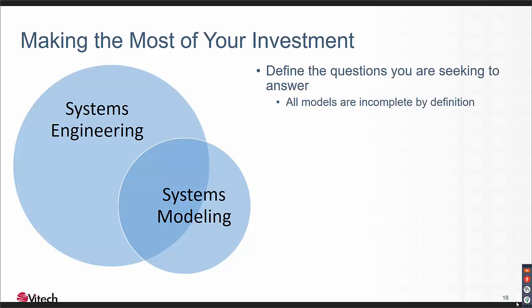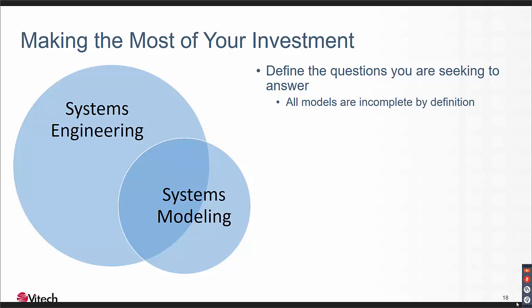How do you do that? Well, on day one, you need to define the questions that you're seeking to answer. All models are approximation. As Box says, all models are wrong, some models are useful. The remainder of that quote is, the question is, how wrong can the model be and still be useful? You define that when you state what questions you're trying to answer.